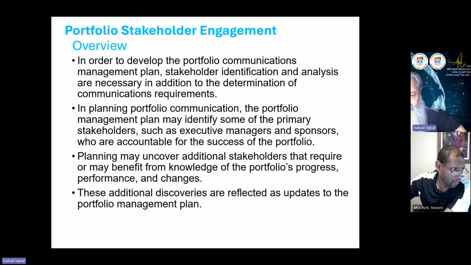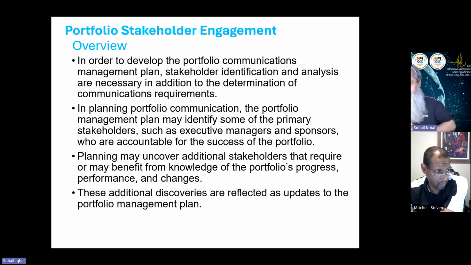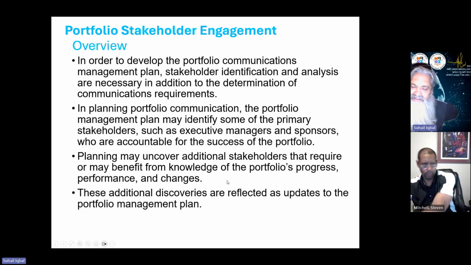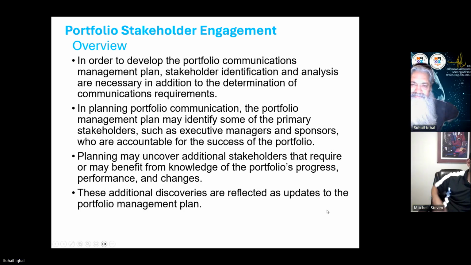When we move ahead, any stakeholder could join in until the portfolio is live. So we have to keep identifying them till the end of the initiative. These additional discoveries are reflected as updates to the portfolio management plan. So if there are new stakeholders, they would be entertained in the portfolio management plan.